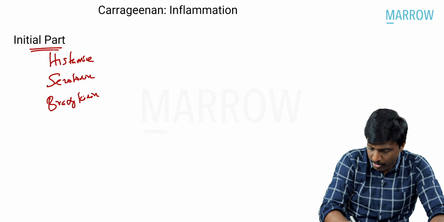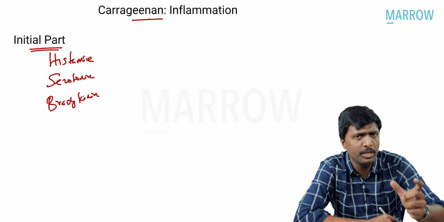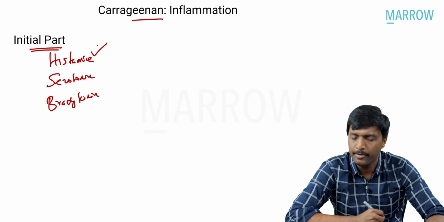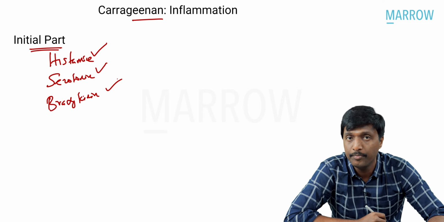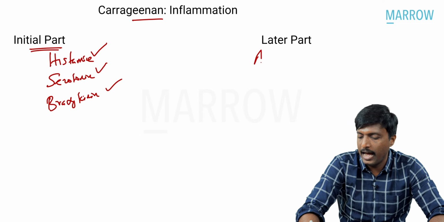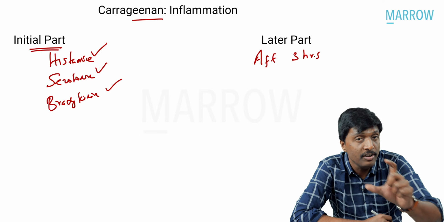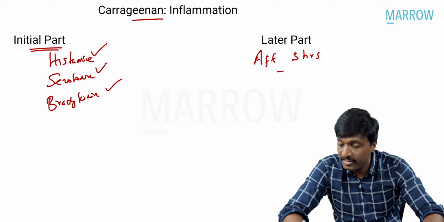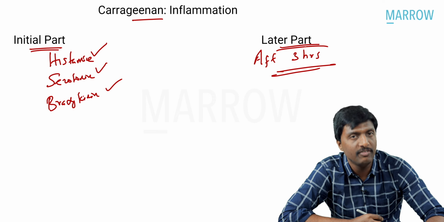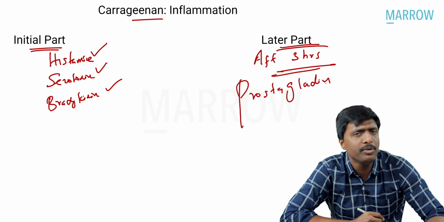The initial part of the inflammation because of carrageenan is brought about by certain acute phase chemicals like histamine, serotonin, bradykinin. What about the later part, sir? That means after 3 hours. The later part of inflammation you see after 3 hours is because of prostaglandins.